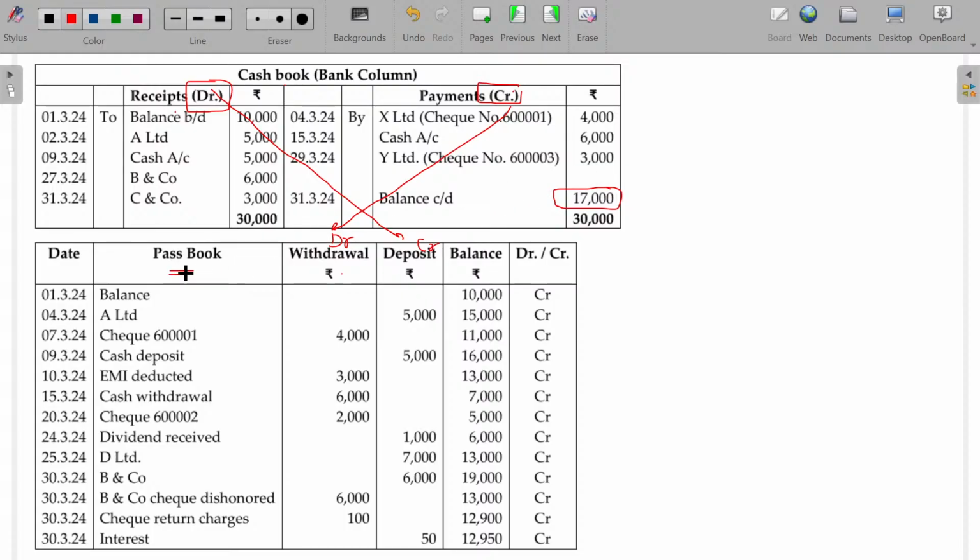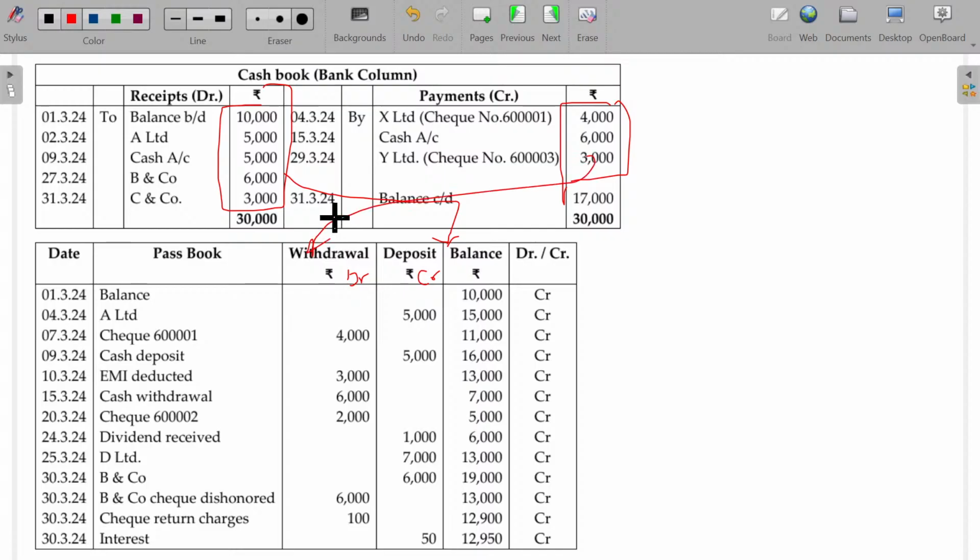But as per the passbook prepared by the banker, 12,950 rupees is available. So these two are not matching. For the banker, withdrawal is debit, deposit will be credit, and all our credit items will be shown on the debit side.